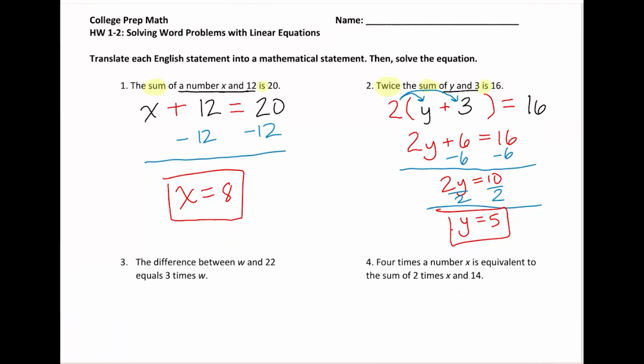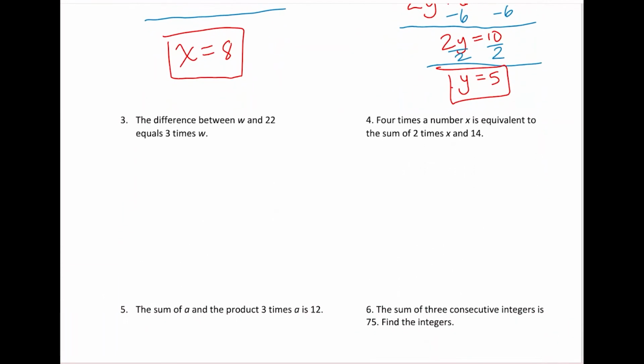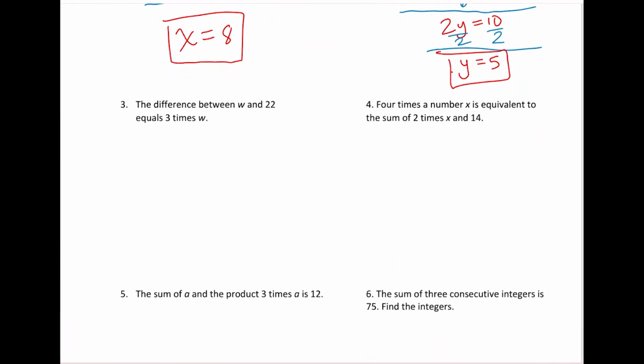Number 3 says the difference between w and 22 equals 3 times w. So the difference is a term that's indicating subtraction. So just like the word sum refers to addition, difference is going to refer to subtraction. So that means we're definitely going to be subtracting something here.